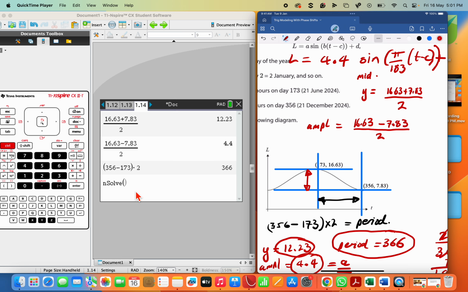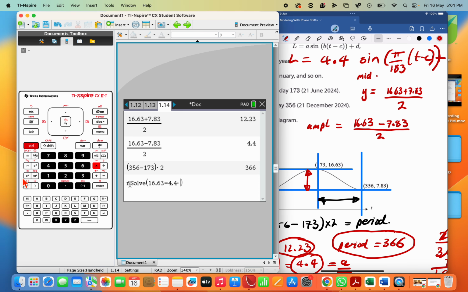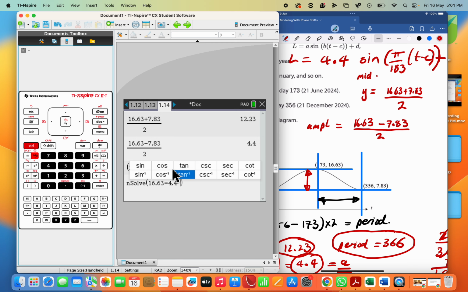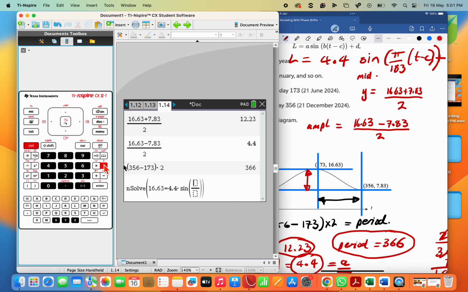So that is 16, oh my bad, 16.63 is equal to 4.4 times, get the trig button out, trig, sine, get the b value, I'm going to put the little division sign, and that was pi divided by 183.